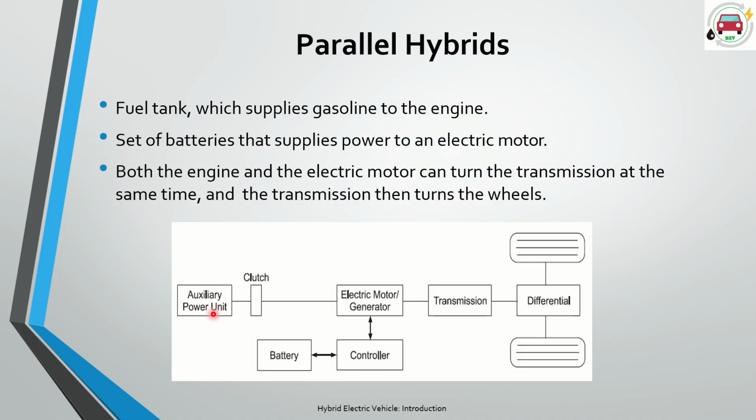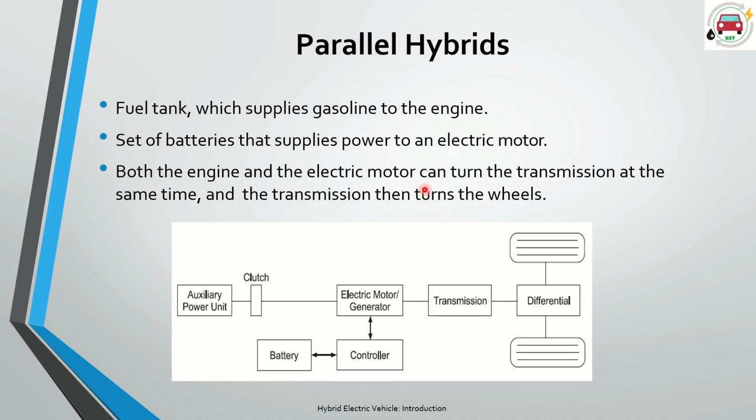So here this power unit is going to generate electricity through the controller and store it in the battery. Or, at the same time, the electric motor can turn the transmission; the engine and electric motor are going to run the vehicle at the same time, right?